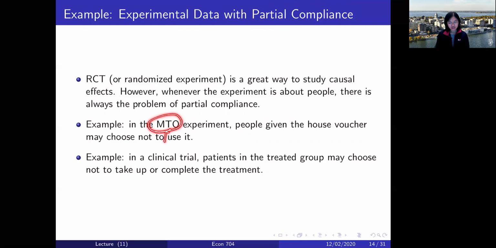Moving is not randomly assigned. So moving is still an endogenous choice of the individual. The causal variable of interest, moving, is endogenous because it was not randomly assigned.